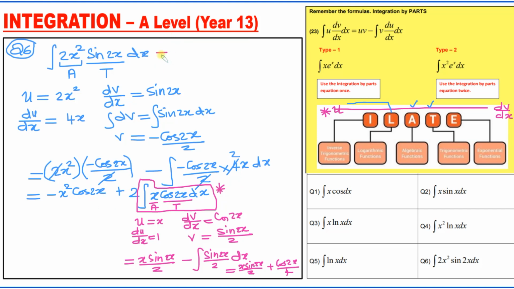So the final answer for the question is, we already got an answer, minus x squared. Let me write that nicely. Minus x squared cos 2x, right?